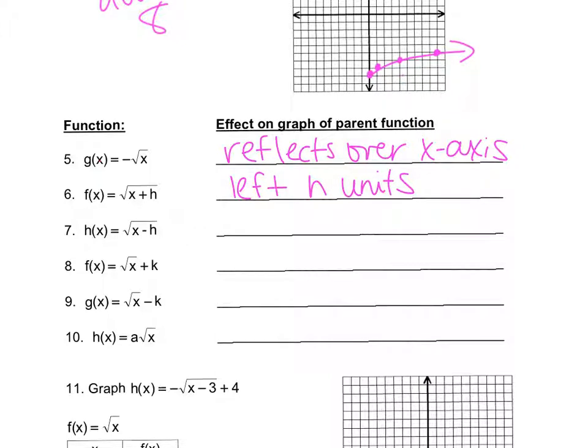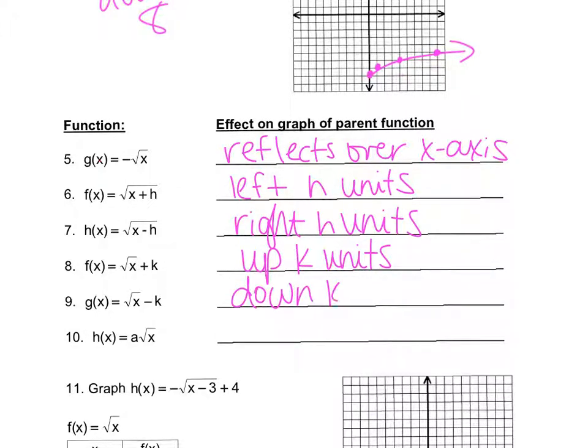The next one's still under the square root and it's minus, so that's going to the right. And then on the outside of the square root, we're adding, so that's shifting it up, k units. Minus on the outside would be down.